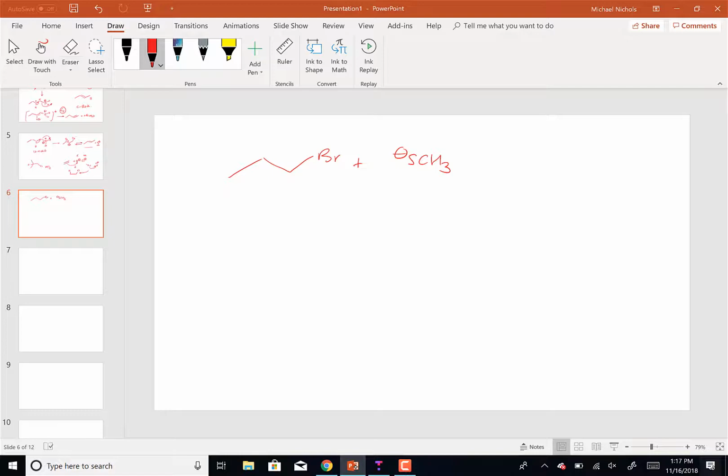So if the counter ions are kind of getting you messed up, erase them and put a negative charge on the other ion. Okay, so what's the product of this reaction going to be? Well, what's its mechanism going to be? Primary plus what kind of nucleophile? Strong, because it's got a negative charge. That reaction is SN2. So that means the S minus is going to come in, kick off the bromine, so that the final product will have the SCH3 where the bromine was.